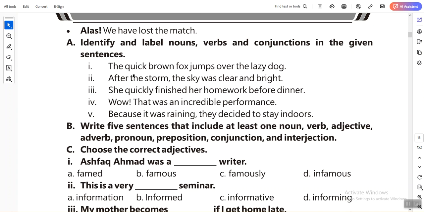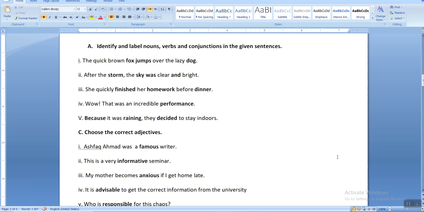First we will read: The quick brown fox jumps over the lazy dog. This is a sentence, and we will find out how many nouns there are, or any example of a verb or any conjunction in it. I have written down the answers on a separate page so you can have a better understanding. Here you can see, the quick brown fox jumps over the lazy dog.